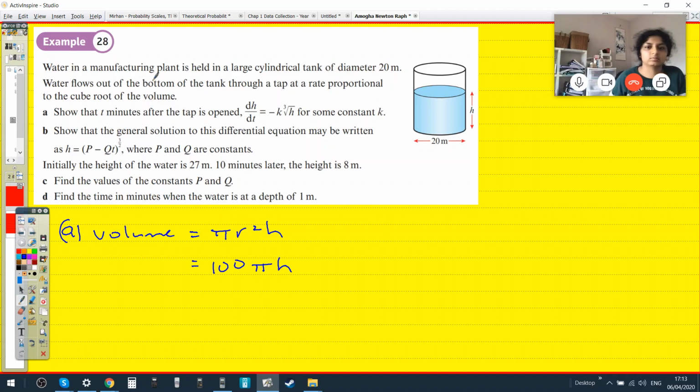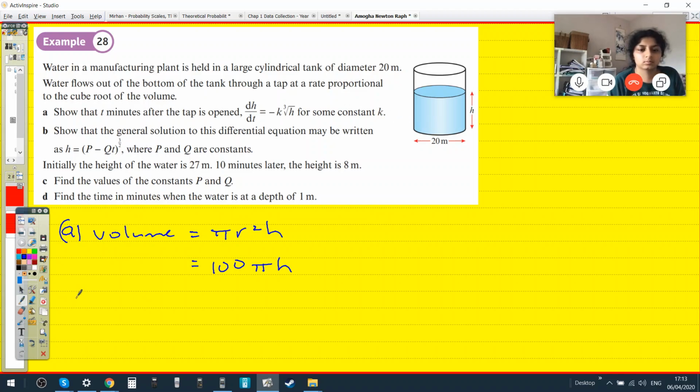So that's the water. Water flows out of the bottom of the tank through a tap at a rate proportional to the cube root of the volume.